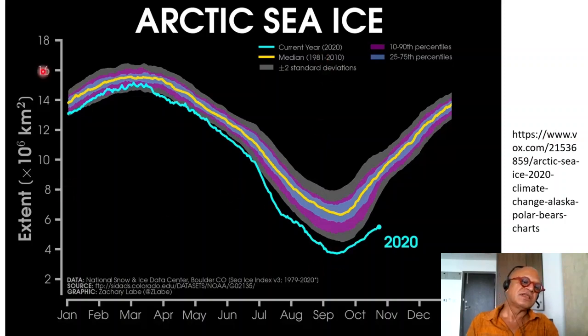You can see the extent is one of the lowest over 1981 to 2010. The median value is shown here, with the 10th to 90th percentile and 25th to 75th percentile. The minimum in September is always to be watched for, because if it drops too low, then the sea ice is not going to recover during fall and winter months.